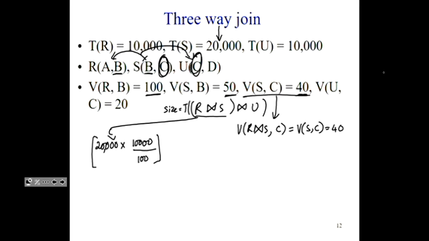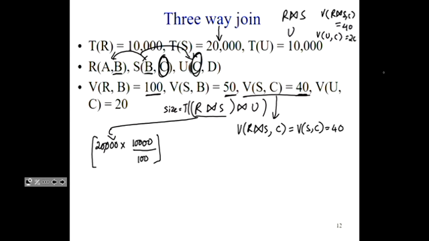the results of the join between R join with S and U. So R join with S and U, both of them have attribute C. V of R comma S comma C is 40. V of U comma C is 20.